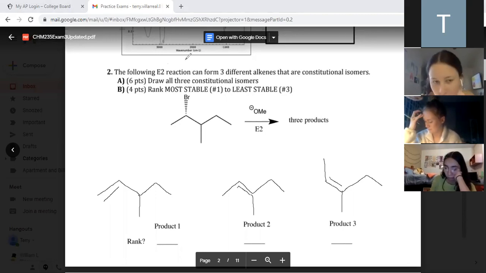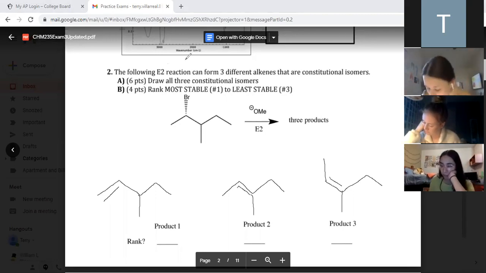Is number 3 just flipped? Uh-huh. Because remember, when you make a double bond, you can make a cis or a trans.